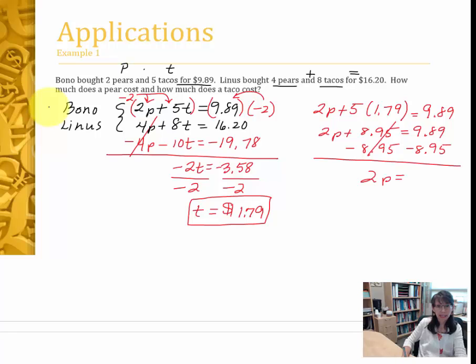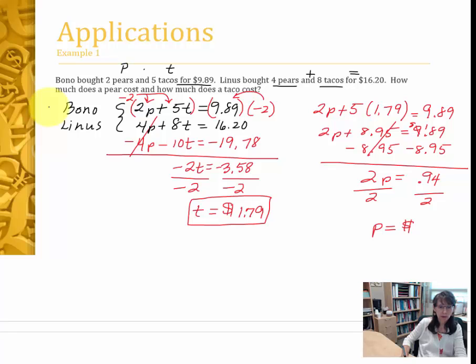So when we have $9.89 minus $8.95, 9 minus 5 will give us 4. To borrow, and that leaves us 0.94. When we divide by 2, we'll have the price of a pear.